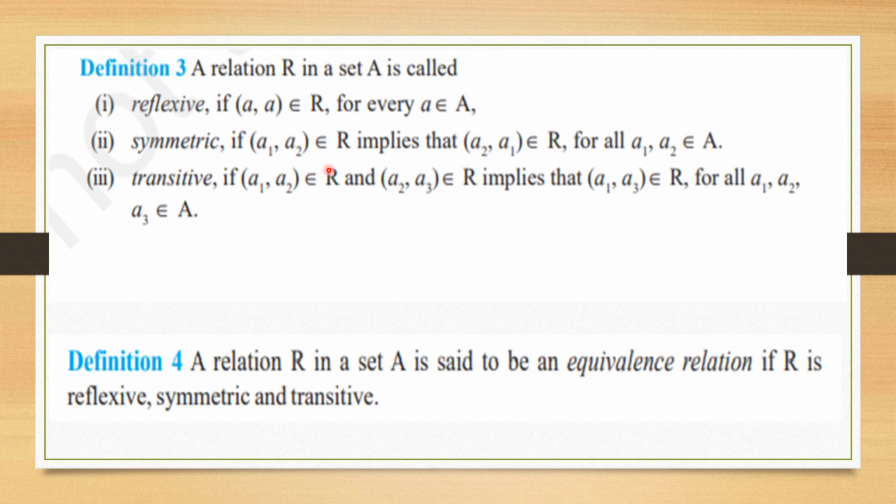Symmetric means if (a1, a2) belongs to R, that is, if an ordered pair belongs to R, it implies that (a2, a1) also belongs to R. If a1 is related to a2, then a2 is also related to a1 in the same way, for all a1, a2 belonging to A. Transitive means if you get two ordered pairs, (a1, a2) belongs to R and (a2, a3) belongs to R, where a1 is related to a2 and a2 is related to a3 with the same relation, then it implies that (a1, a3) also belongs to R, meaning a1 and a3 are also related.